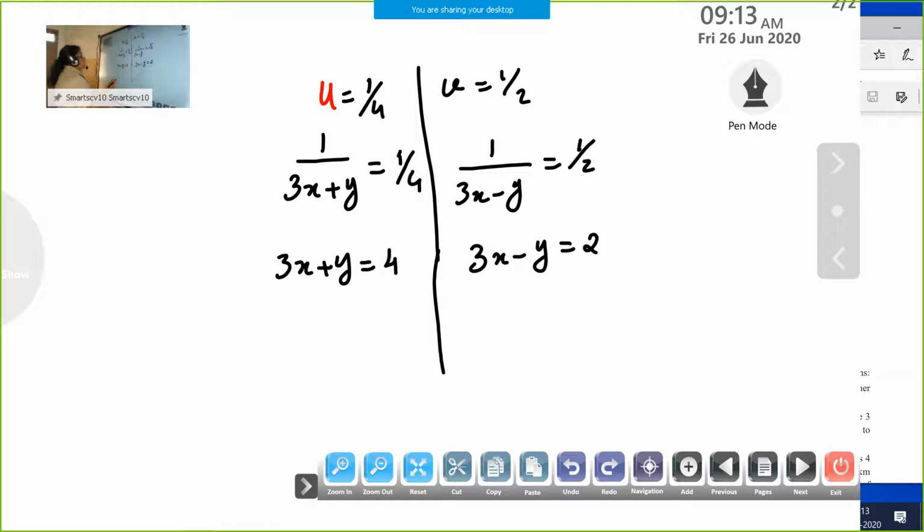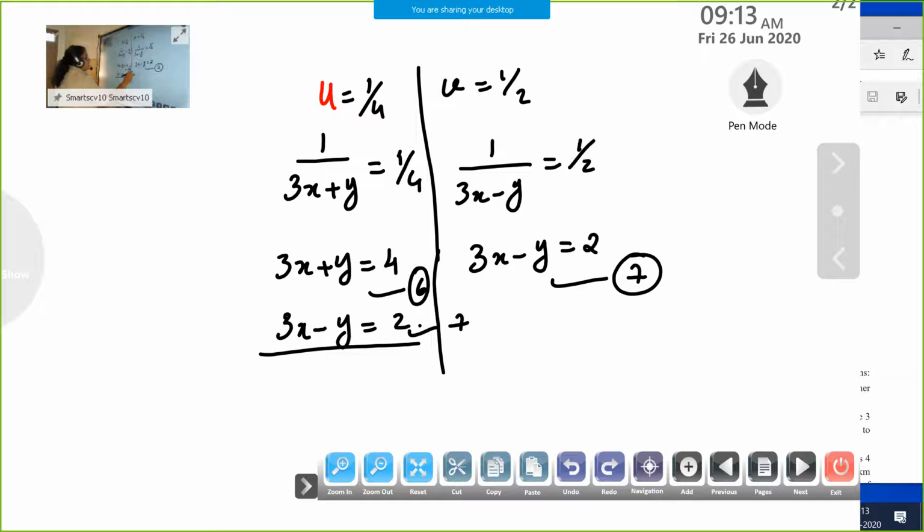Then again using the elimination method, this is equation number 6, equation 7. That is, again using the elimination method, 3x plus y is equal to 4 and 3x minus y is equal to 2.